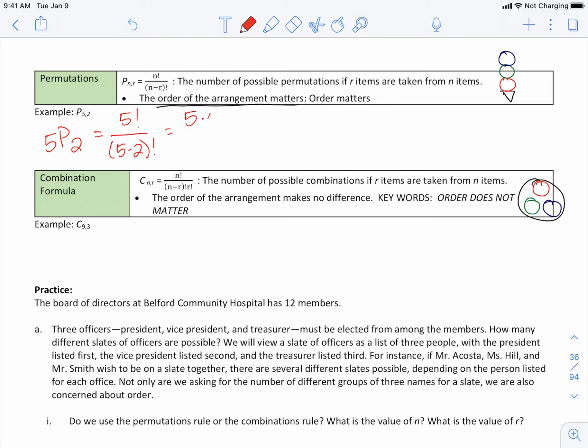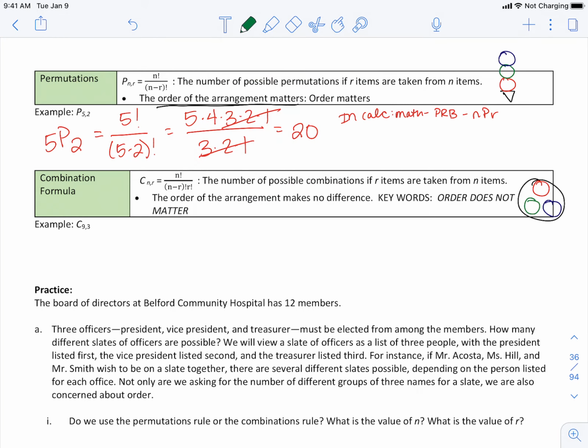This is going to be equal to 5 times 4 times 3 times 2 times 1 divided by 5 minus 2 is 3, so this is 3 times 2 times 1. The 3, 2, 1's cancel. This gives us 5 times 4, which is 20. Okay? So as a reminder, in your calculator, remember it's math, then PRB, the probability menu, and then you choose nPr.